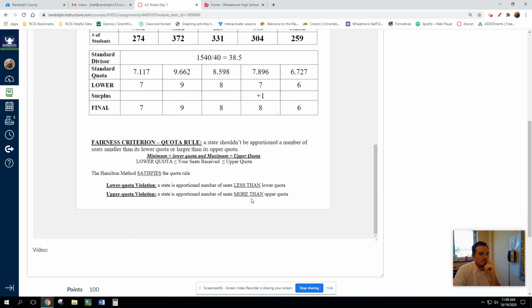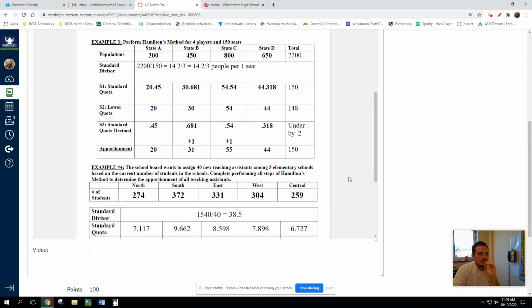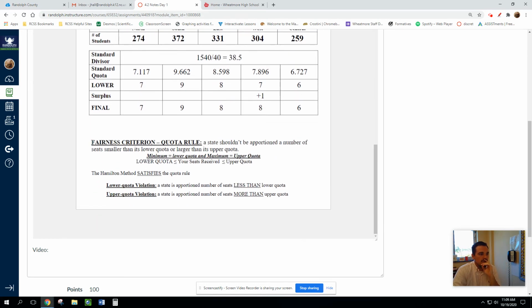There's 2 more examples here that go through that same thing. I'll let you look those over, but the fairness criterion and quota rule, I want to talk about. The fairness criterion or quota rule is that a state shouldn't be apportioned a number of seats smaller than its lower quota or larger than its upper quota. So that's kind of the fairness.